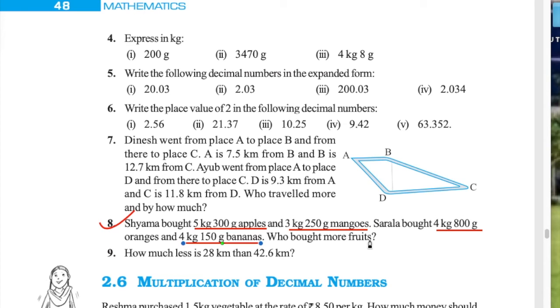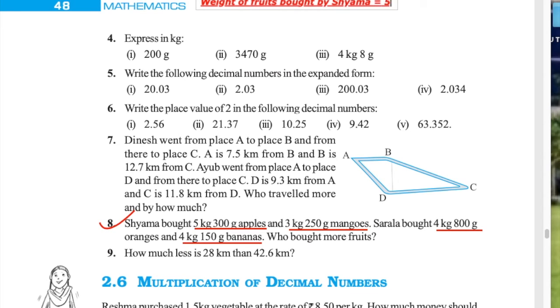First you will add the weight of apples and mangoes bought by Shama, and then the oranges and bananas bought by Sarla. First of all you will write the weight of fruits bought by Shama.